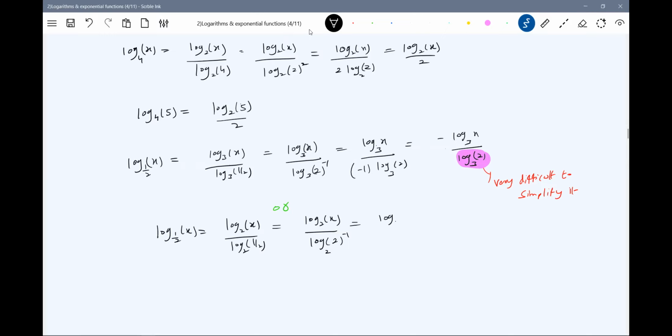Then this will become minus. The value of log 2 to the base 2 will be 1, so the value of this will be much easier. I think this is the most advisable thing.